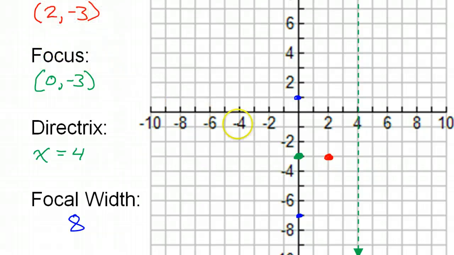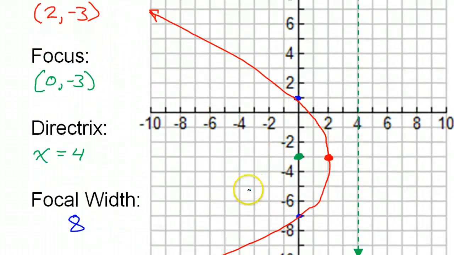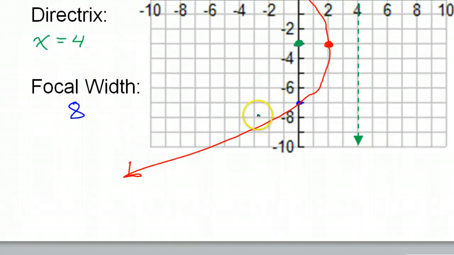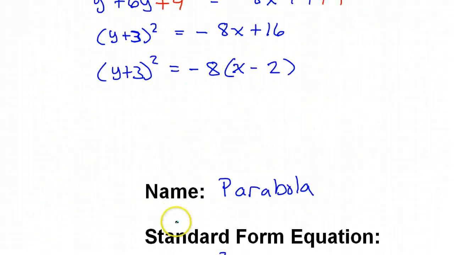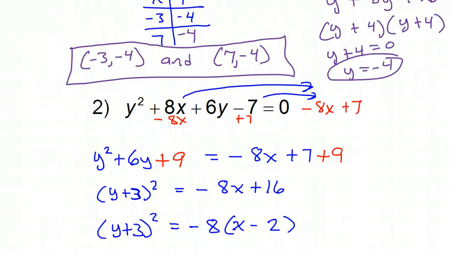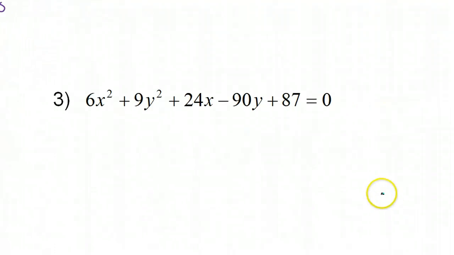So now I could go ahead and graph my parabola, which is going to be doing this type of thing. Okay, so there it is. I think that's all there was to that one. So we're finished with number 2. Let's run over and take a look at number 3.